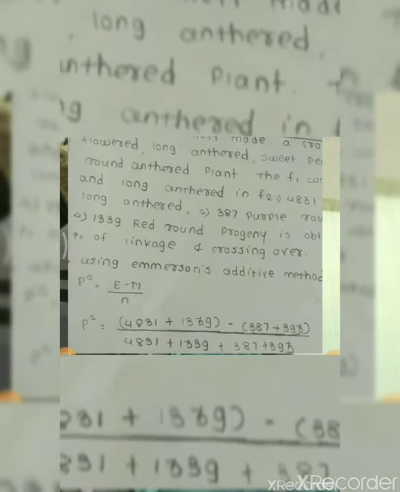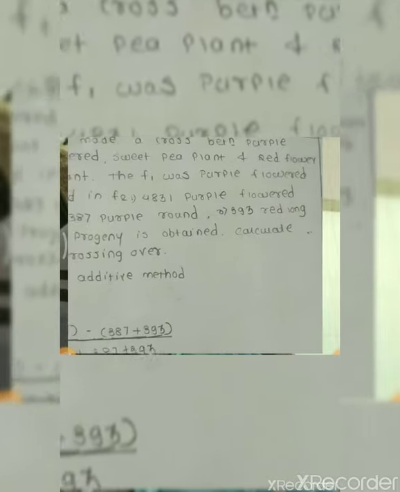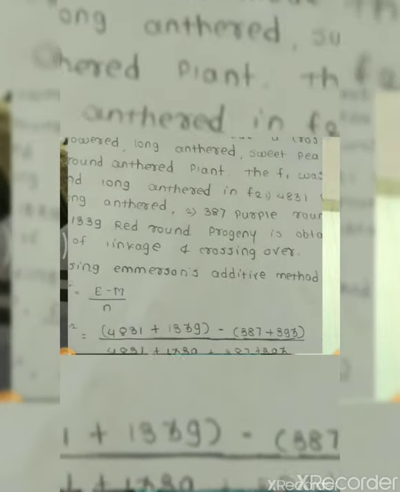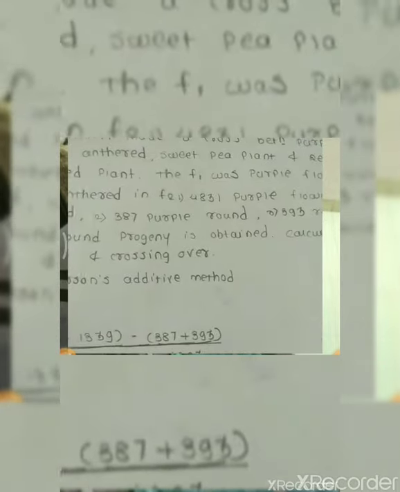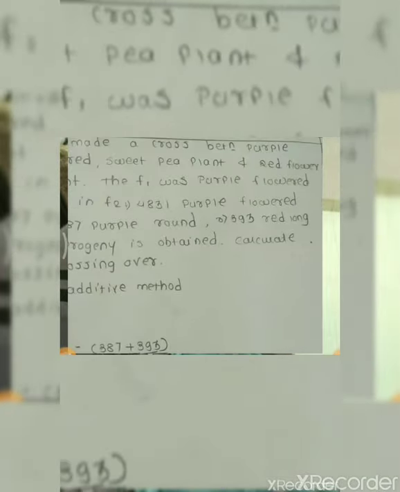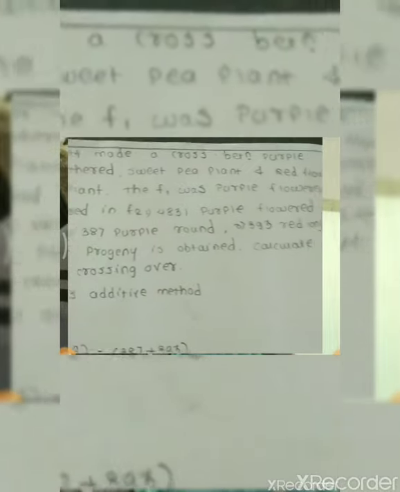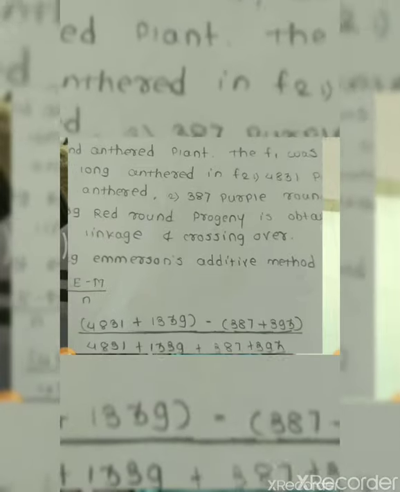Now we will see another problem. Batson and Punnett made a cross between a purple flowered, long anthered sweet pea plant and a red flowered, round anthered plant. The F1 was purple flowered and long anthered.